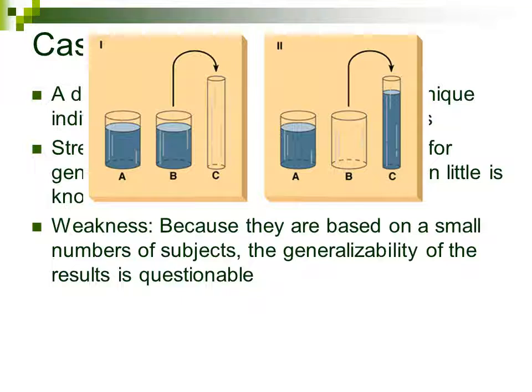Nothing definitive, right? It's interesting, but this difficulty with quantity conservation may be unique to Piaget's children. So again, the weakness, because case studies are based on a small number of subjects, the generalizability of the results is questionable.